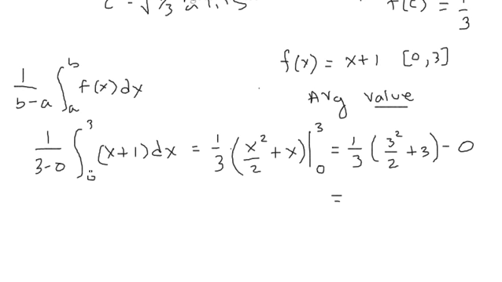But if you're asked to find the average value, you're going to be given the function and the interval, and it's going to say find the average value. For the mean value theorem, it may say find c using the mean value theorem. Hopefully they'll say that.